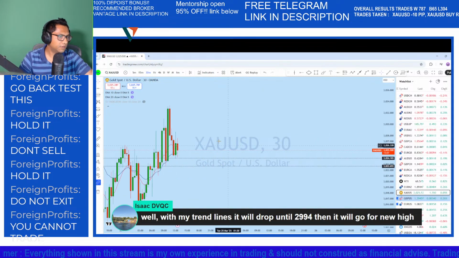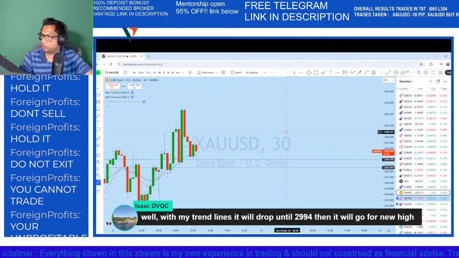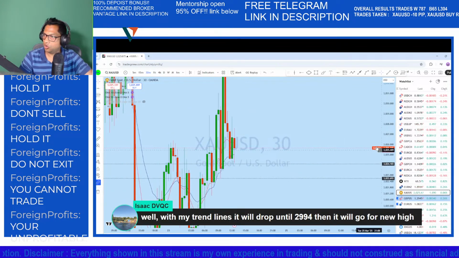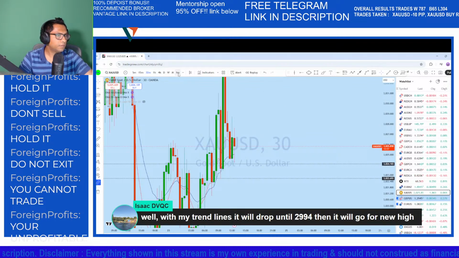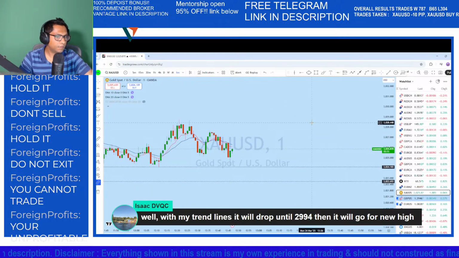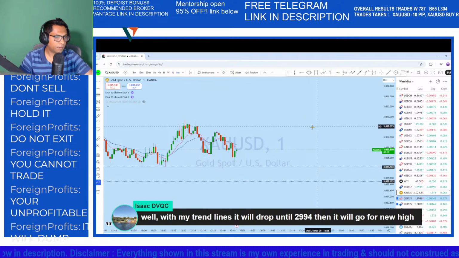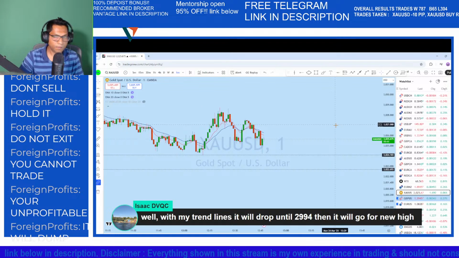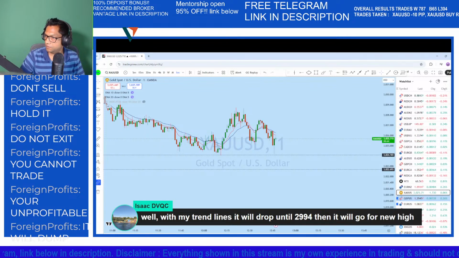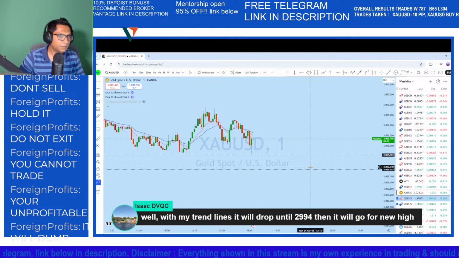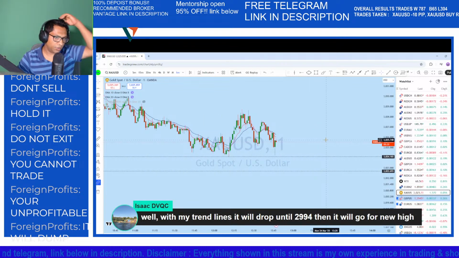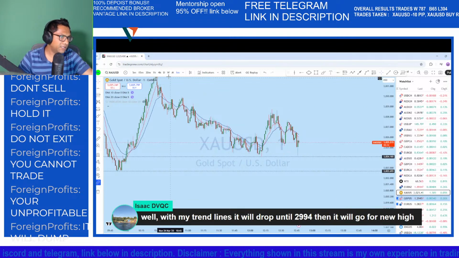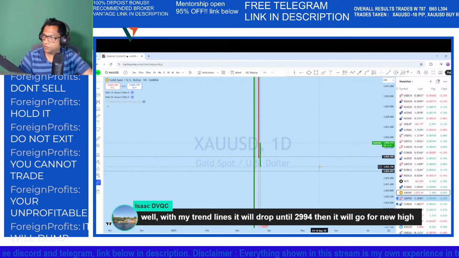From 30 minutes, as I mentioned earlier, we could see that there has been a stronger drop. So here we can see from this resistance line that we may see now a retest of the daily support.